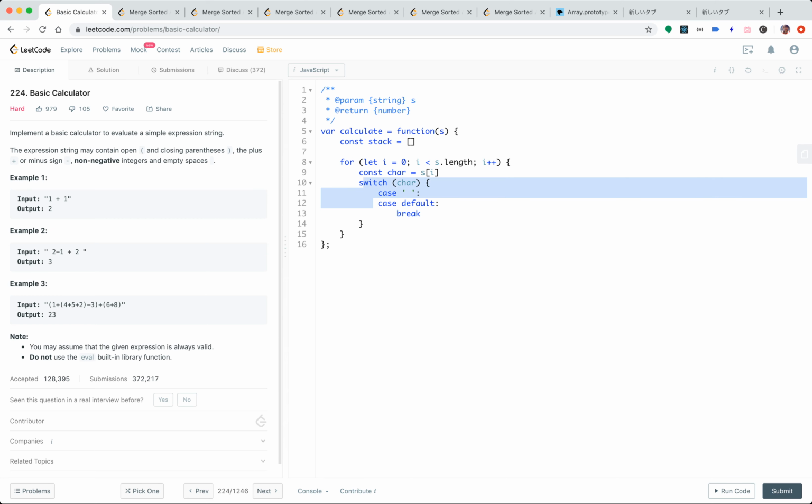I cannot use switch because they're all numbers. Non-negative integers. There's a problem that there might be not only one digit, so I need to.